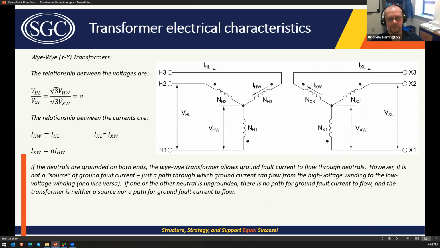You can separate out the square root of 3 here, but your high voltage winding voltage divided by your low voltage winding voltage would also be equal to the turns ratio. I wanted to have that in here so that you could see the relationship between the line voltage and the winding voltage, so that the line voltage is the square root of 3 higher than the winding voltage for a Y connected transformer winding.